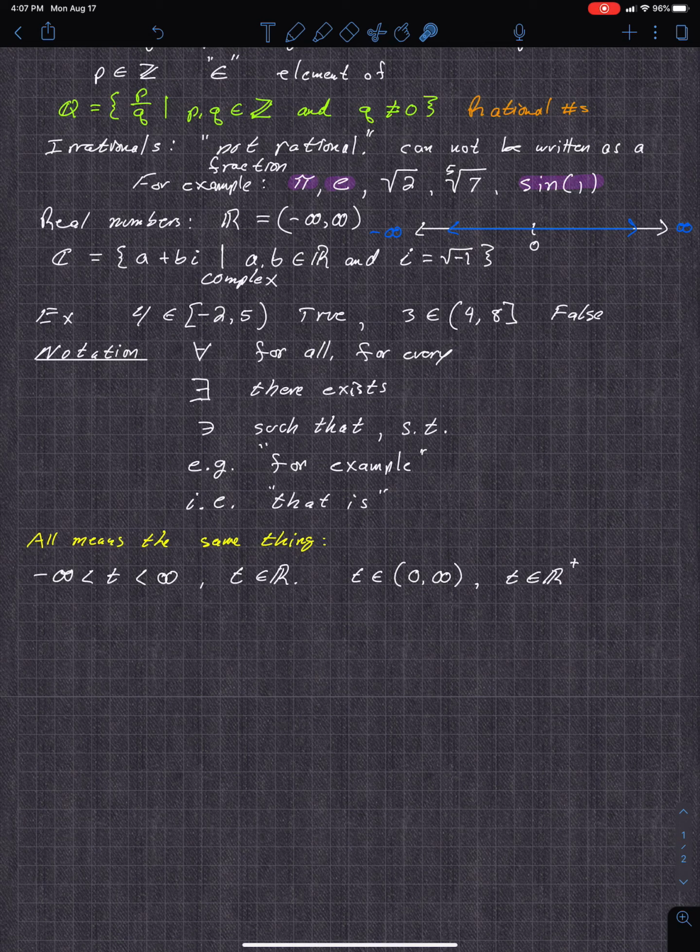Positive reals means they're positive. If I say non-negative, then you can basically union those together. So you could say R union the set with 0 in it, and that would include 0. I didn't get into unions and intersections, but something you may want to keep an ear out for.